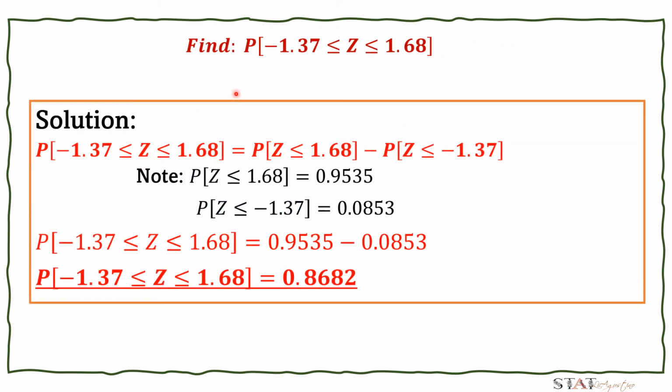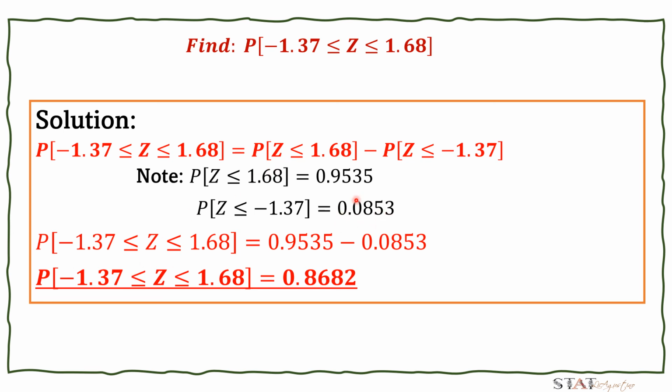So mathematically, we can present it this way. If we are finding the probability of the z value between negative 1.37 and 1.68, then it is equal to the probability of z less than or equal to 1.68 minus the probability of z less than or equal to negative 1.37. Note that the probability of z less than or equal to 1.68 is 0.9535, and the probability of z less than or equal to negative 1.37 is 0.0853.